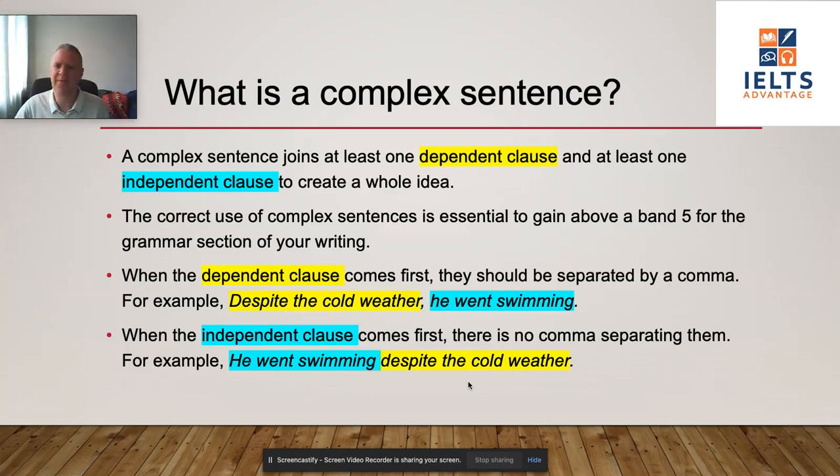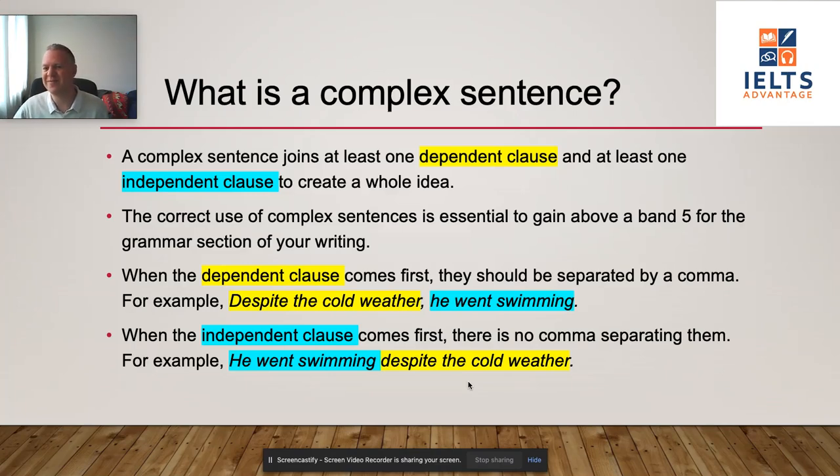Another example of a complex sentence that you probably already know is a conditional sentence, like "if." If it rains, I will get wet. This is also a complex sentence. You've got that "if it rains" is a dependent clause. After that if clause, you put a comma.